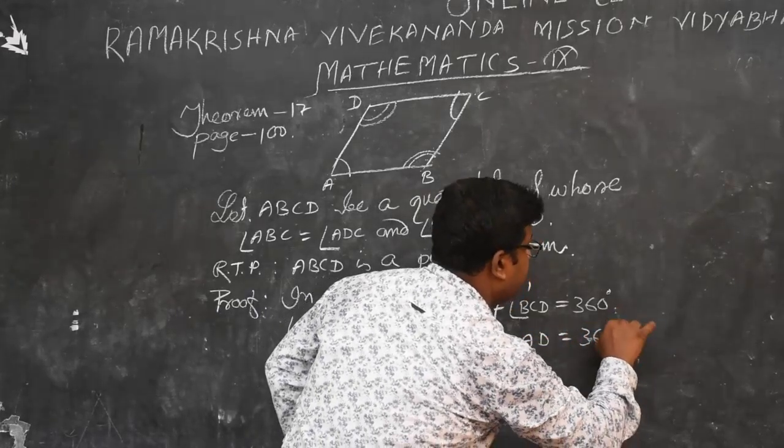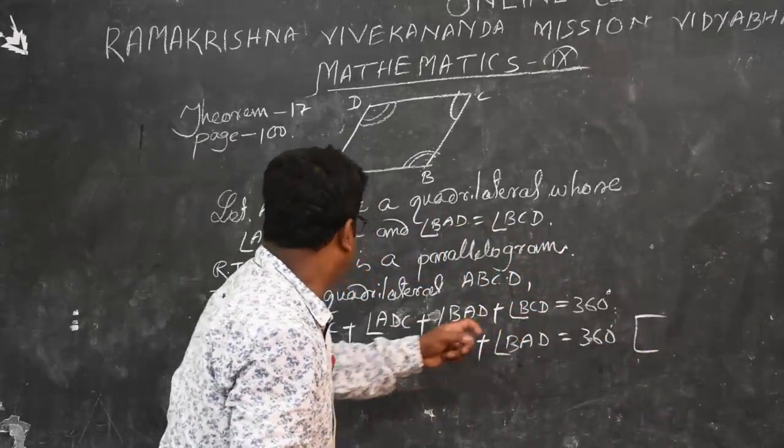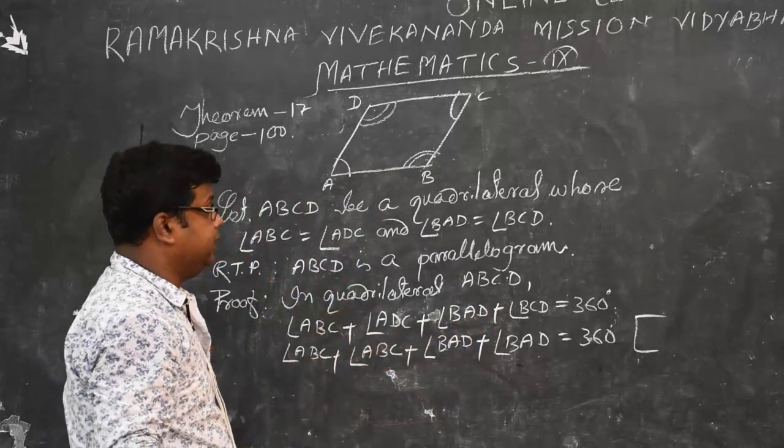Now you have to give a small logic why you have written BAD instead of BCD and ABC instead of ADC.